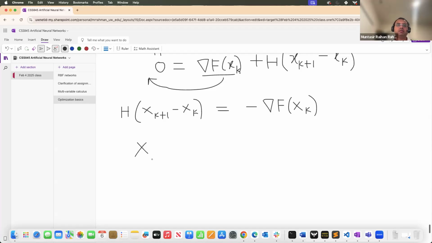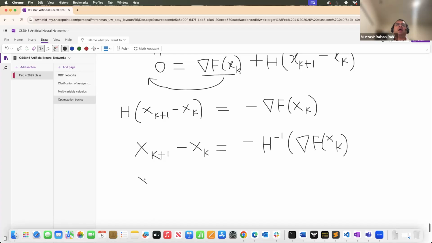So x k plus 1 minus x k is equal to minus the Hessian inverse times the gradient at x k, and this Hessian is also computed at the point x k.